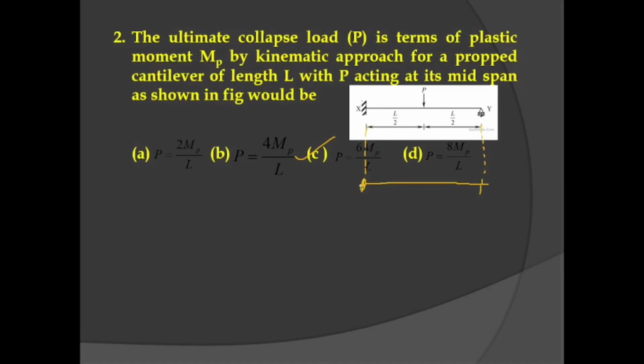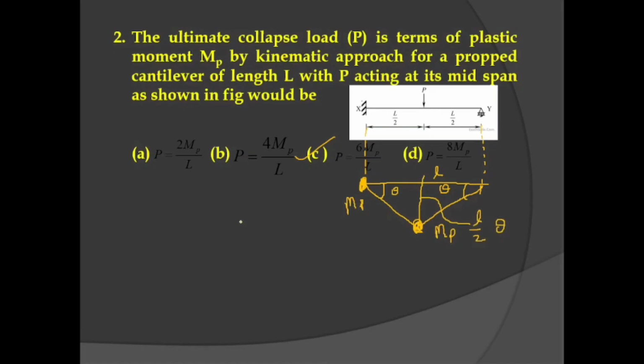Plastic hinge will be developed here and under the load. This is theta, and this is also theta because the length is equal. So MP moment is required here to rotate. In general, this value is equal to L by 2 into theta.